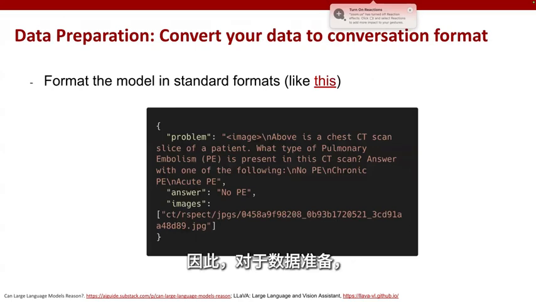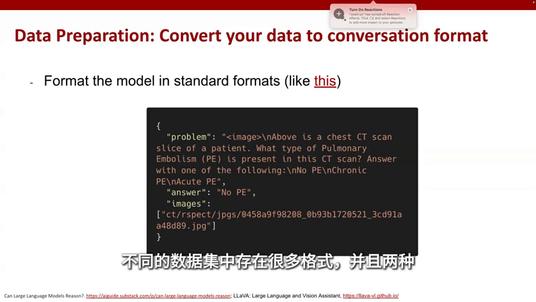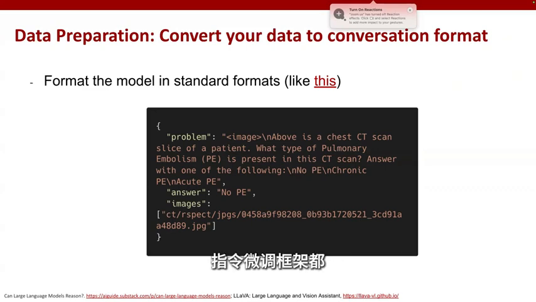So for data preparation, maybe we need to convert any data you have to a question answer format. There are a lot of formats in different data sets. Most of the instruction fine-tuning frameworks support a lot of different formats, so you just need to choose one.